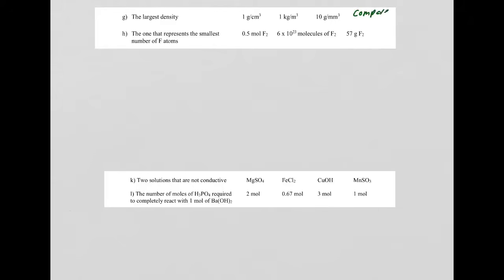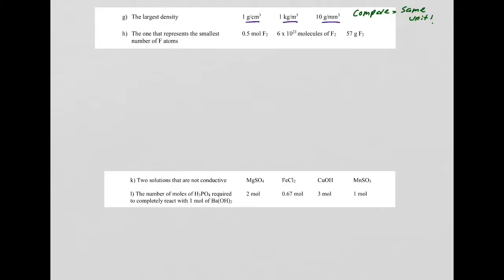So to compare, they have to have the same unit. If they don't have the same unit, you have to convert everything to the same unit, and then you are going to decide which one is the largest or the smallest one. So far, so good? Okay. So these are the units that the problem has: gram over centimeter cube, kilograms over meters cube, grams over millimeters cube.